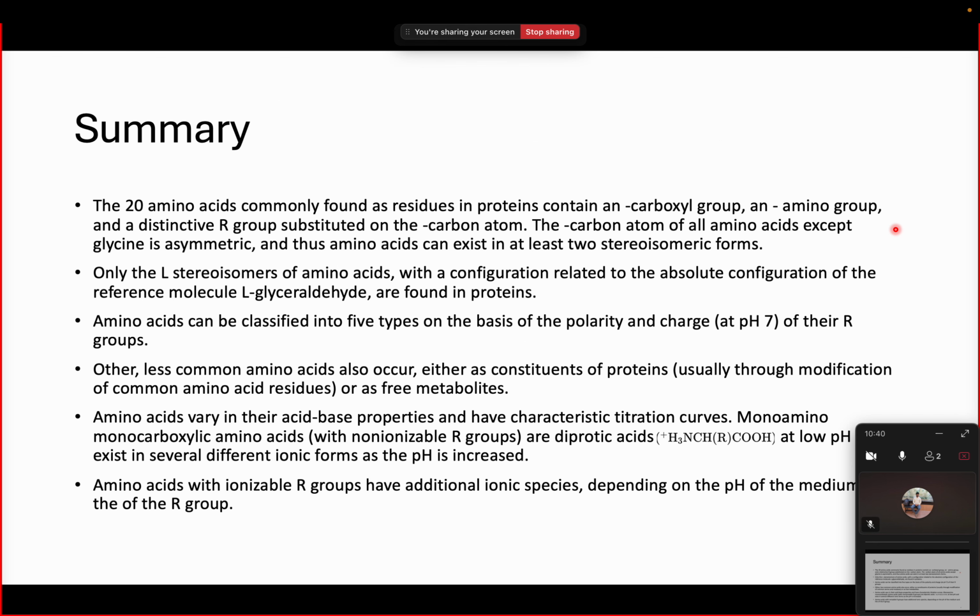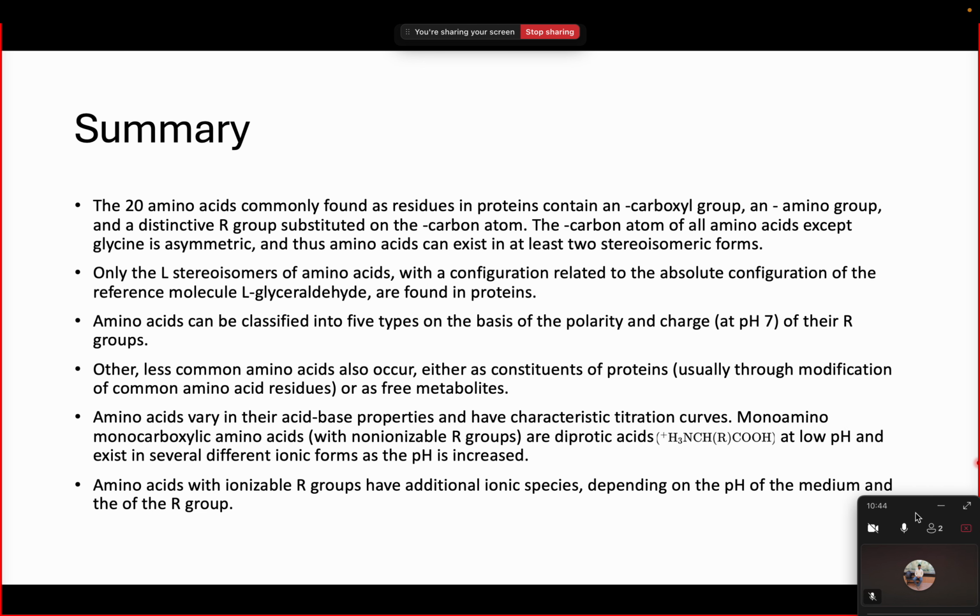Okay, so to summarize last week's session, we can summarize it in this way. The 20 amino acids commonly found as residues in protein contain a carboxylic group, an amino group and a distinct R group substituted on the alpha carbon.